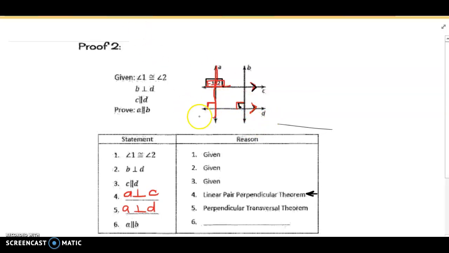Now I have line D, which is perpendicular to both A and B. So I would use the lines perpendicular to a transversal theorem again, because if the same line is perpendicular to two different lines, those two different lines have to be parallel. So that would be our second proof, and that completes our foldable.